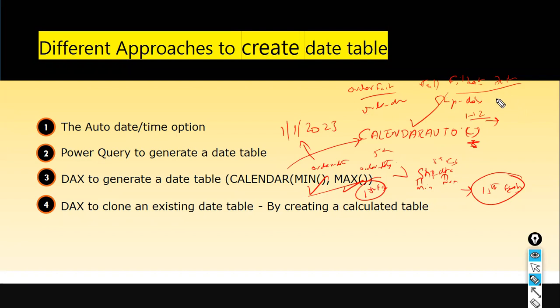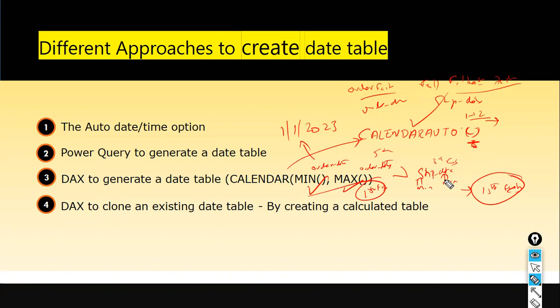It picks those up, and then it returns a table like the calendar function, and that table will have only one date column in it. It will store the values contiguously between the minimum and maximum ranges. That is the difference between calendar and calendar auto.